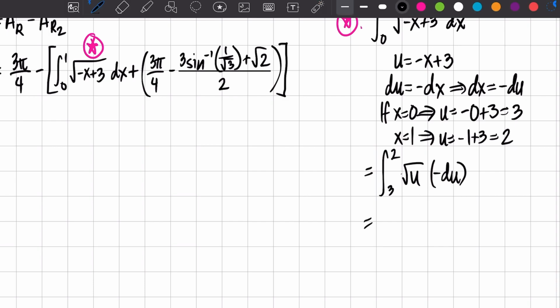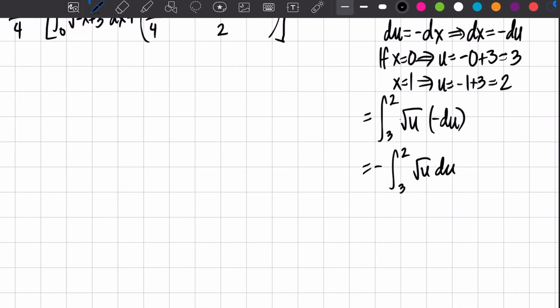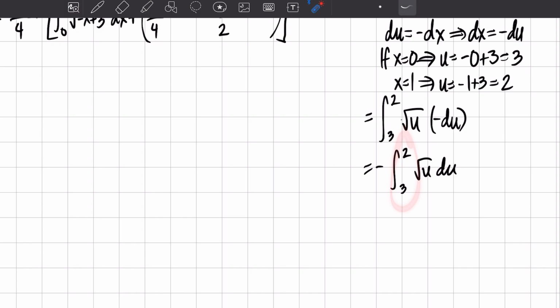We have negative integral from 3 to 2 of the square root of u du. And since 3 is bigger than 2, we can switch the bounds. But by switching the bounds, we are introducing a negative sign here. And the negative times a negative would be a positive. So we have the integral from 2 to 3 of square root of u du.